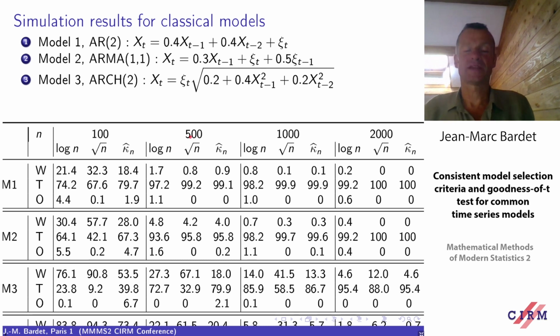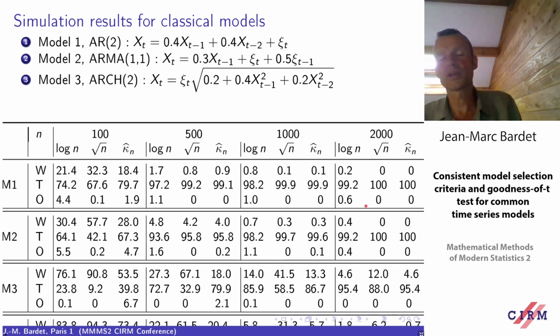When we increase n, going from 100 to 500 to 1000 to 2000, for instance, here you can see that we always recognize the true model. W is for a wrong model, and O is for overfitting models, that is a larger model than the real one, so than the true one.